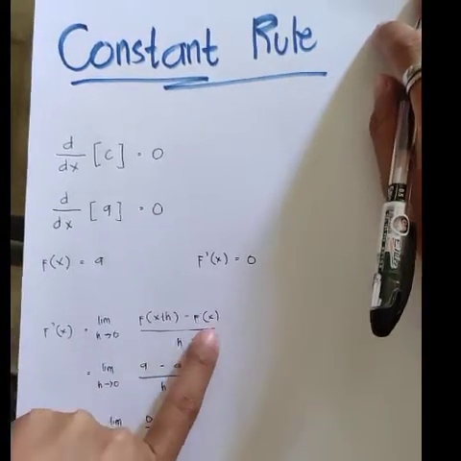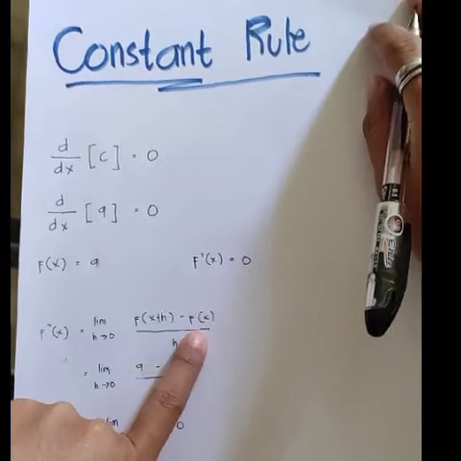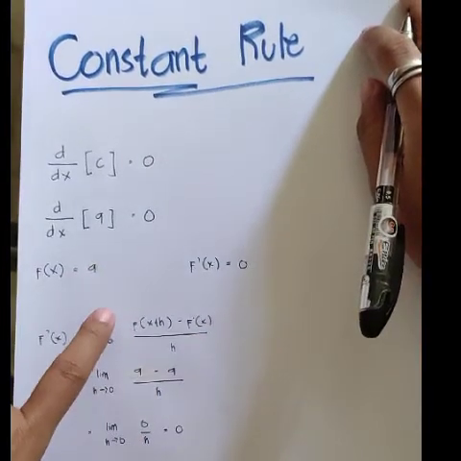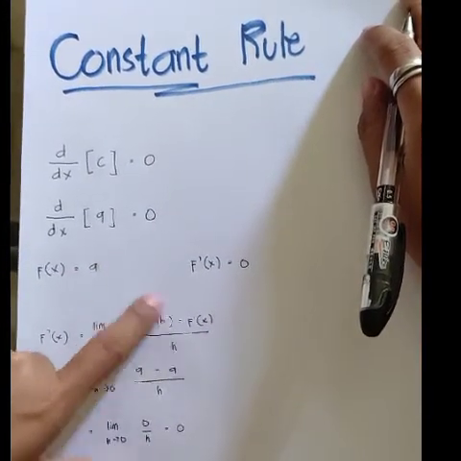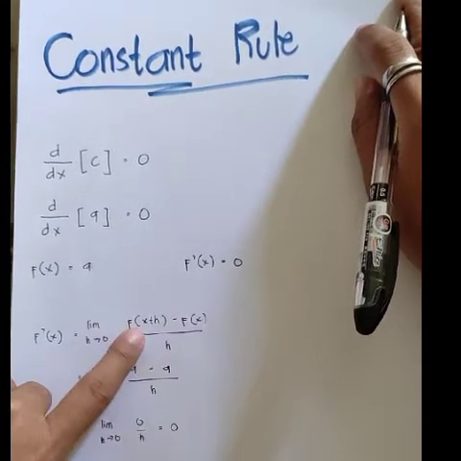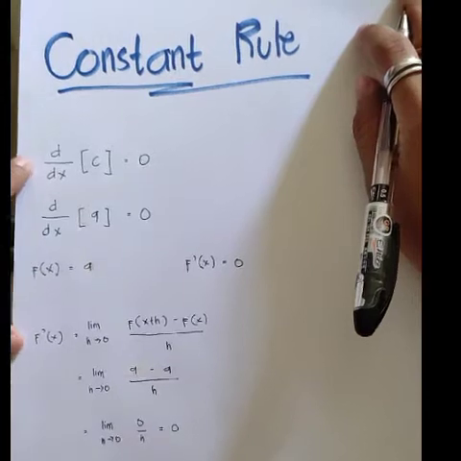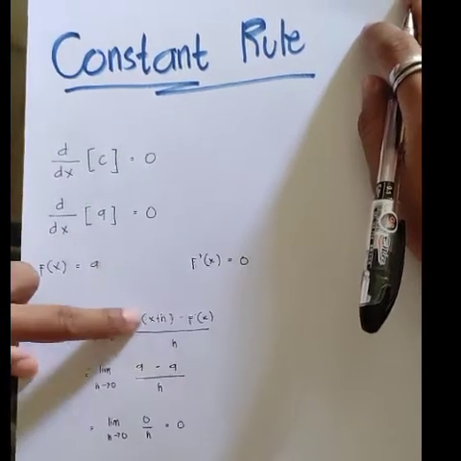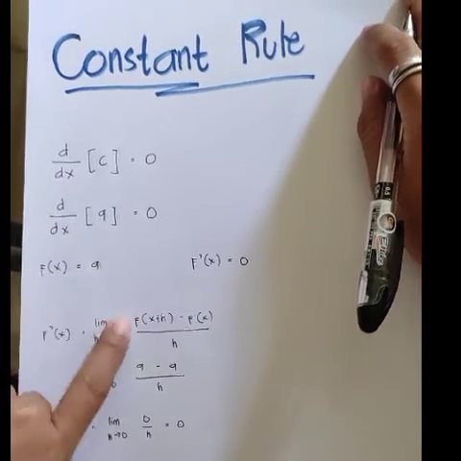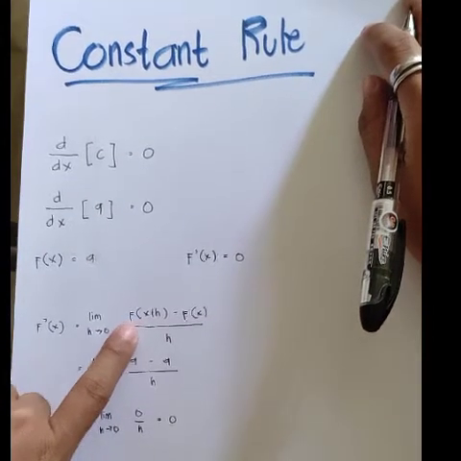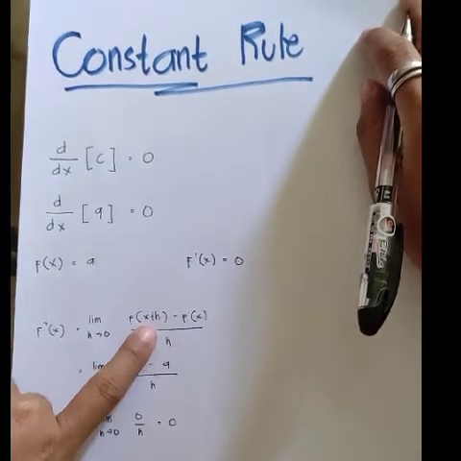We know that the value of our f(x) is equal to 9. So what is the value of our f(x + h)? Whenever we see x, we replace it by x + h.